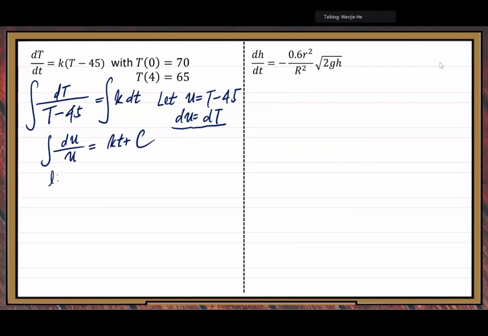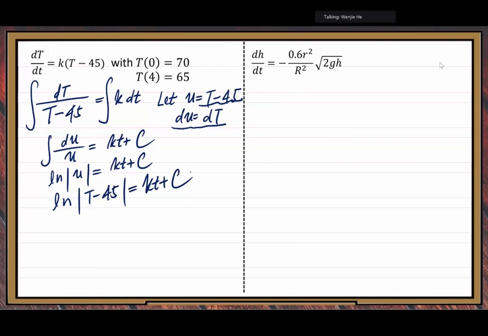Then natural log absolute value of u equals kt plus C. And we know u is this one, so let's write another step: natural log absolute value of T minus 45 equals kt plus C. Now we want to remove the absolute value.